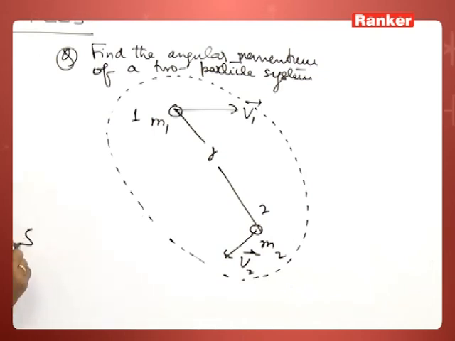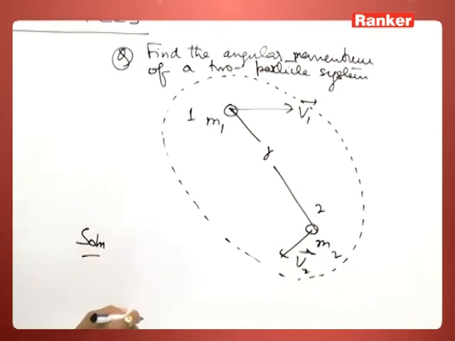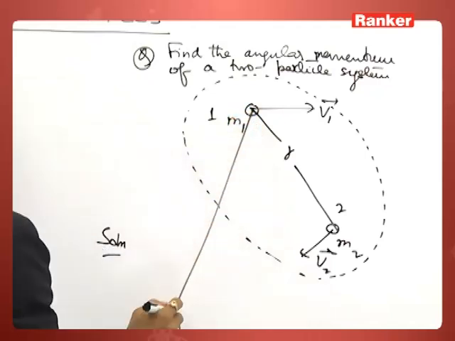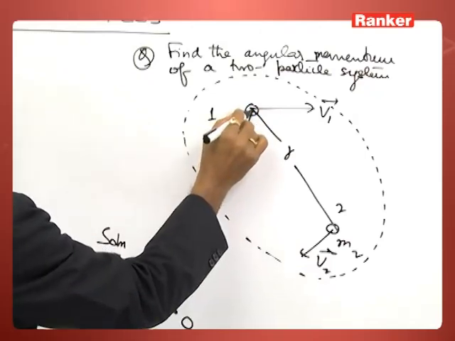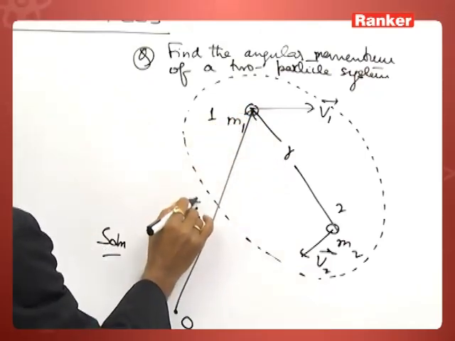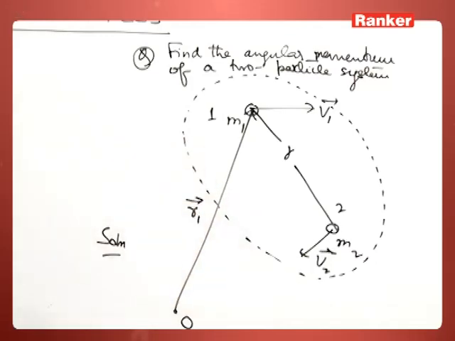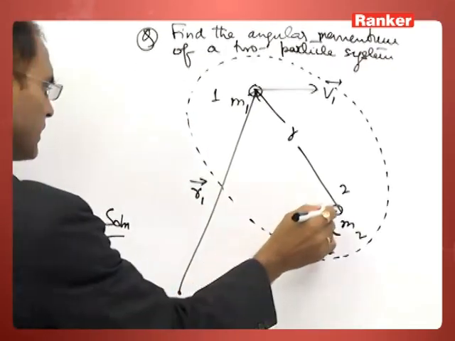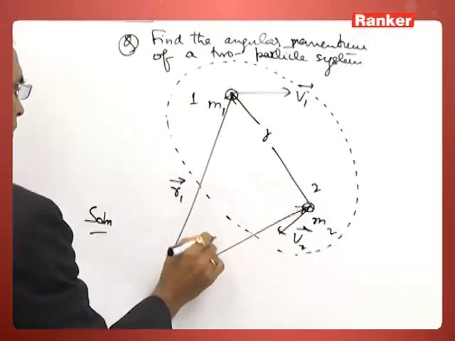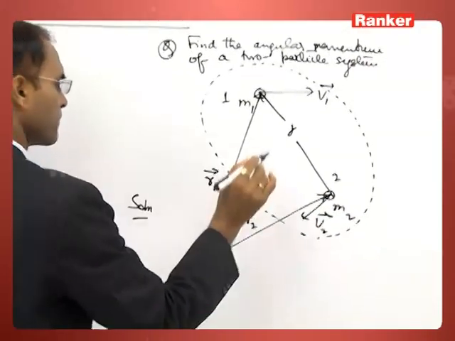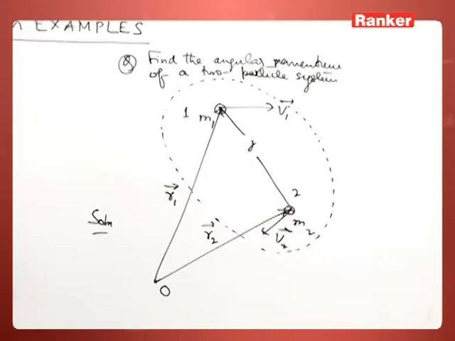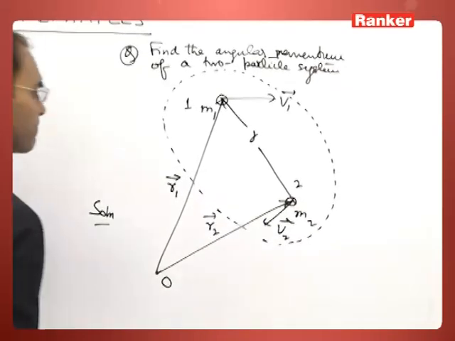To solve the problem, let us assume that particle 1 has position vector r1 with respect to this point and particle 2 has position vector r2 with respect to the same point.